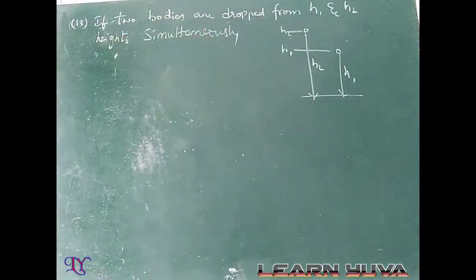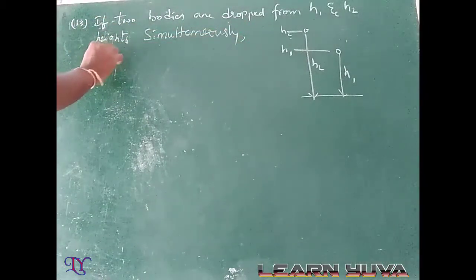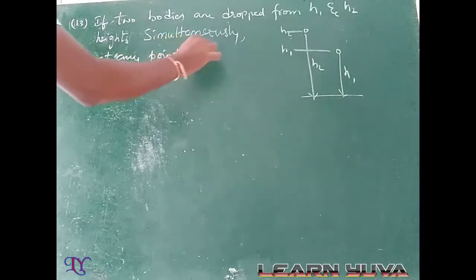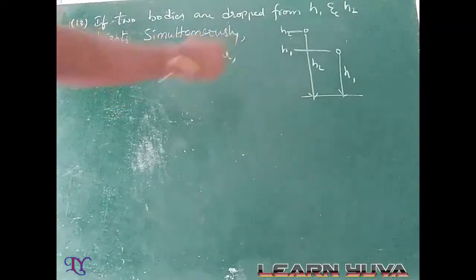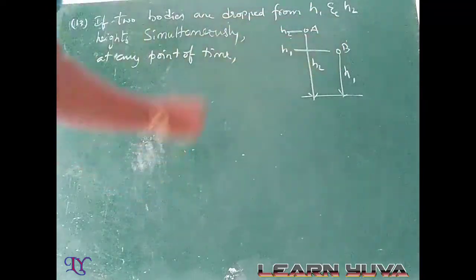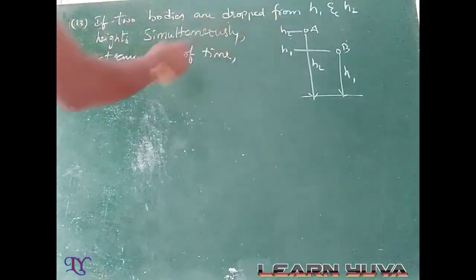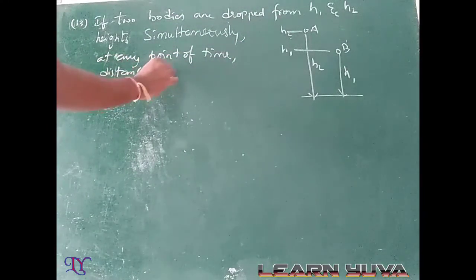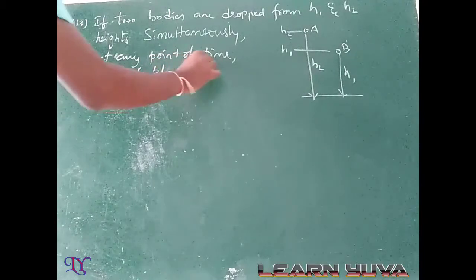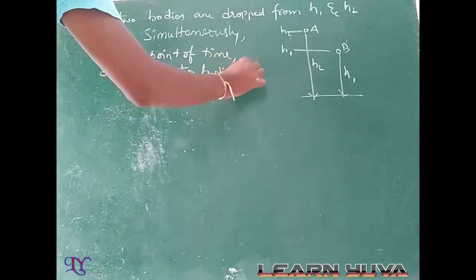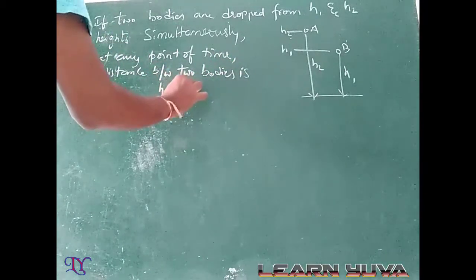So at any point of time, the distance between the 2 bodies A and B is h2 minus h1 only.